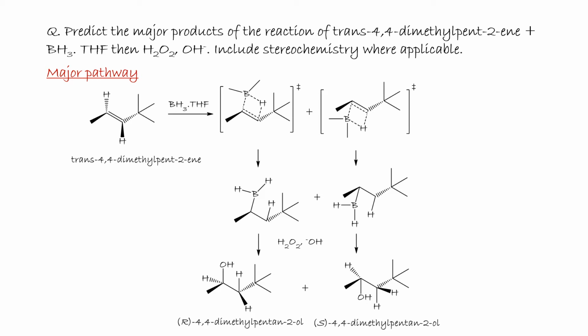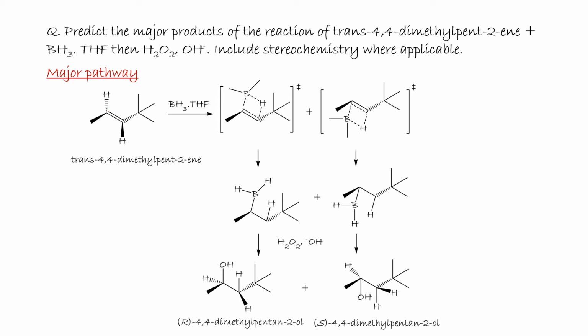So I used two different ways of presenting the reaction. Here we start with the trans-4,4-dimethylpent-2-ene. The plane of this molecule, I draw it perpendicular to the screen of your computer or laptop.